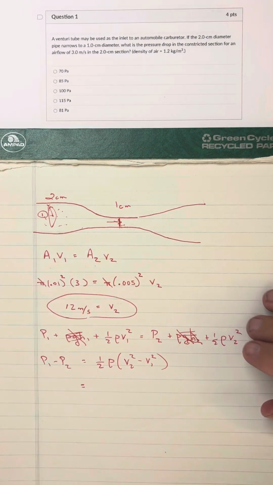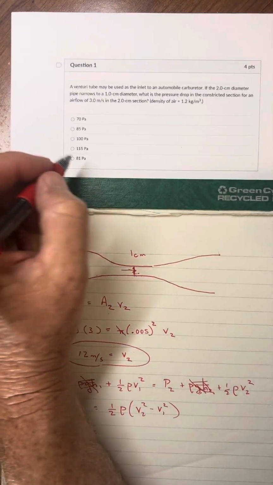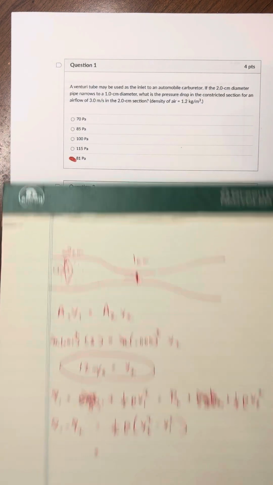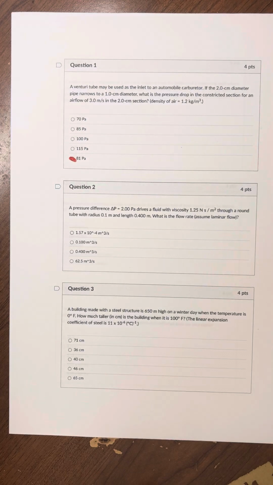Should give me a drop of about 81 psi. So, not psi, pascals. I did everything in kilograms, meters, and seconds. So that'd be answer E there for the first one. Yay, hope that made sense.